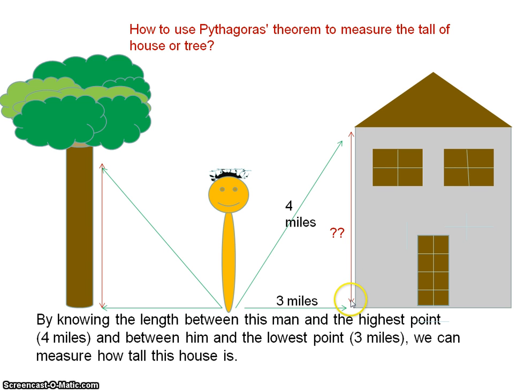We can find it by knowing the length between this man and the highest point, which is 4 miles, and between him and the lowest point, which is 3 miles. We can measure how tall this house is. See, easy and useful. And we can apply it on a tree or anything else.